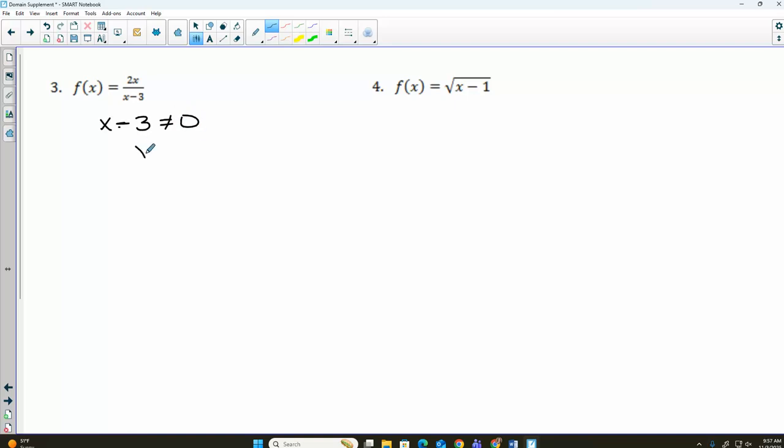So that means x cannot be 3. All right, so x can be anything except 3. How would I write that using an interval? Everything except 3 means it could be smaller, it could be bigger. It just can't be 3.